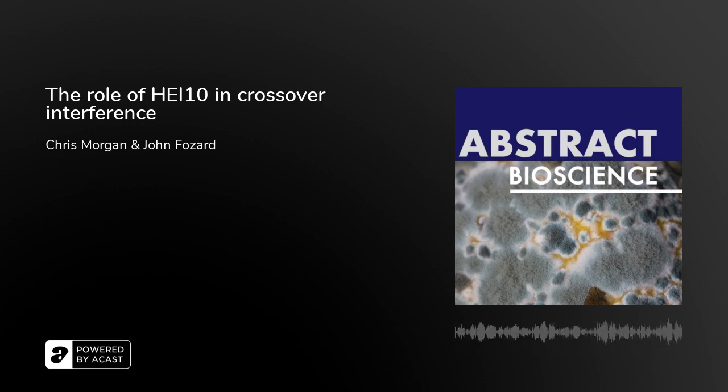And to form a crossover, you have to start with a DNA double-strand break. And during meiosis, you get an excess of double-strand breaks. So in Arabidopsis, you get about 150 double-strand breaks, but you only get about 10 crossovers.